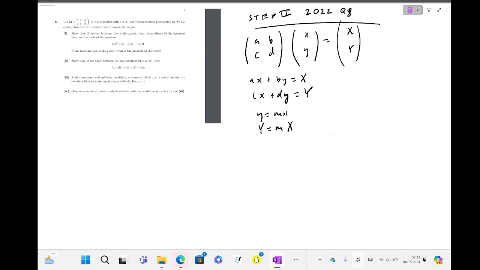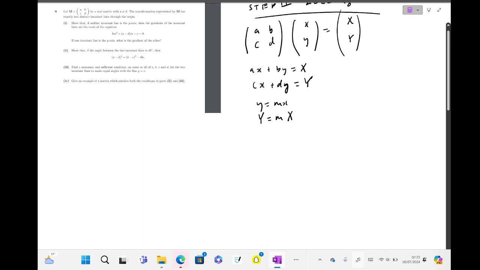And we can substitute these values in. So ax + bmx is equal to big X, and cx + dmx is equal to m big X. But we know big X is just this function of small x here, so we can just rewrite it as this.